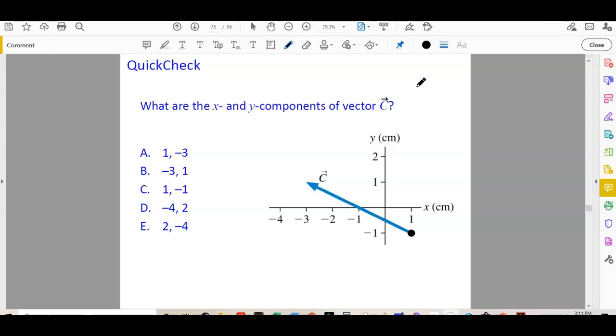I want you to give me the vector components. We're not going to practice the unit stuff for right now. I want you to decompose the c vector into cx and cy. Okay? So go ahead and try this out.